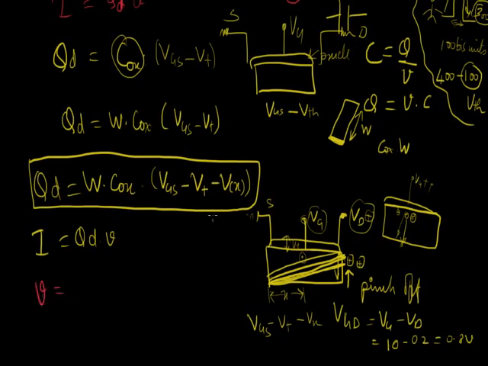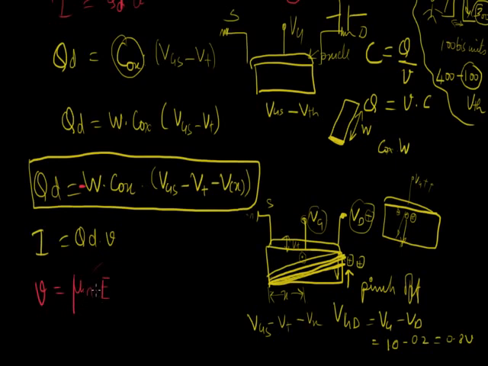Velocity, as I told you, considering the classroom case, depends on the mobility and also the electric field in that channel. And since we're talking about QD, we need a minus sign. Why? Because we're talking about an NMOS where electrons are the major carriers, so the charge carried by electrons is negative, so it's a minus the whole thing. Let's come back to this.